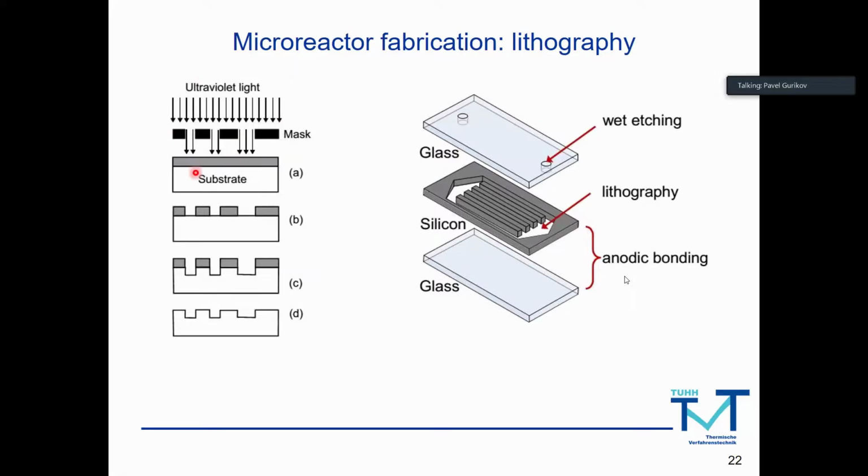You have a substrate and you shine light on it, but the substrate is coated by a photosensitive compound, which is shown here as a gray layer.